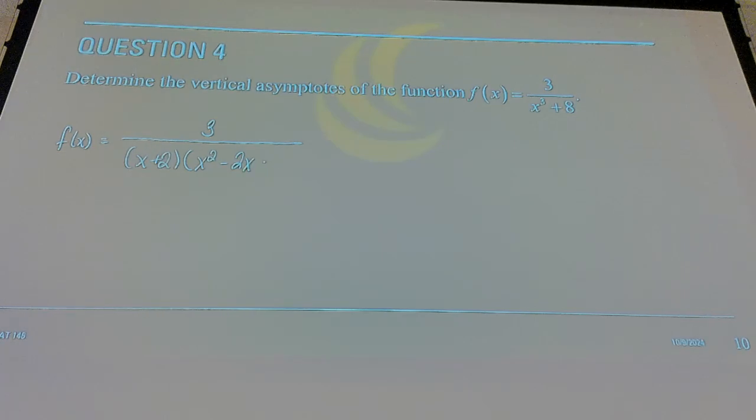Minus 2x, you said, then what? Plus 4. That is its factored form. Sum of cubes.